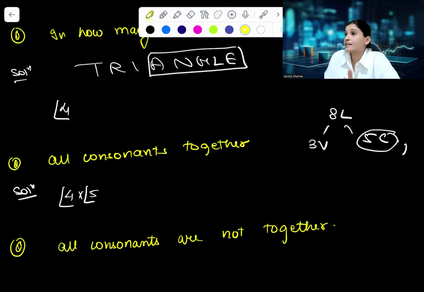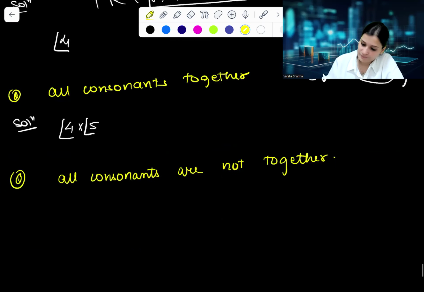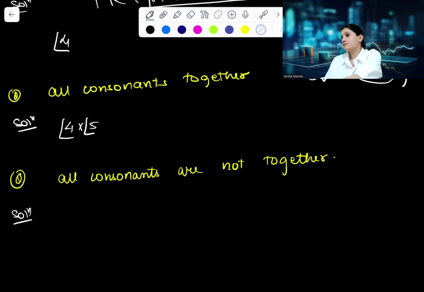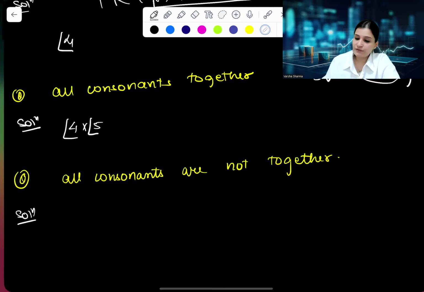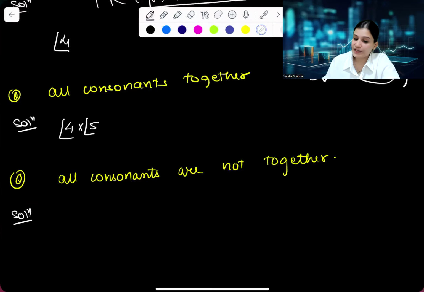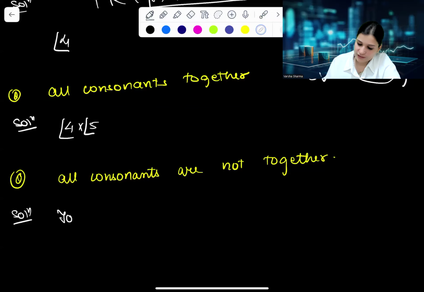Rather than that, from the total, we will remove the cases which I don't want. From total, we will remove the case when all of them were together. So total minus all consonants together.